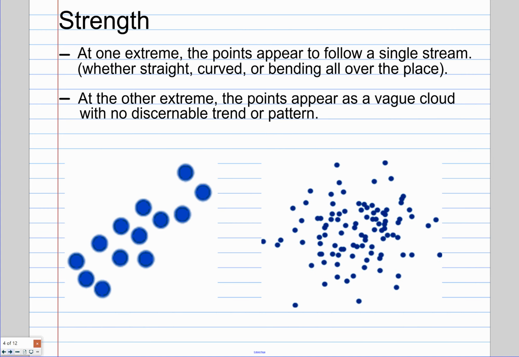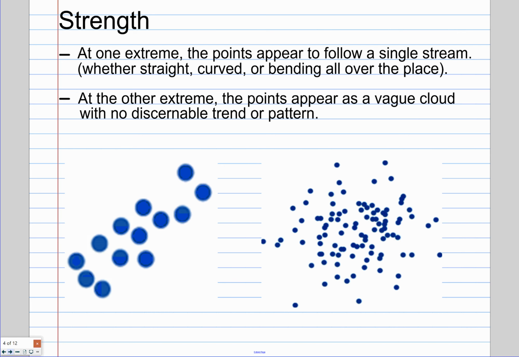Okay, so strength. Anytime you see your scatter plot dots tightly together, really close together, going in a direction, positive or negative, that looks linear, it will be strong. So that means that your correlation coefficient, which we'll talk about later in this lecture, that's the letter R, is going to be strong, close to 1 or -1. Now, if you have one like this, it looks like a cloud. There's a lot of scatter.